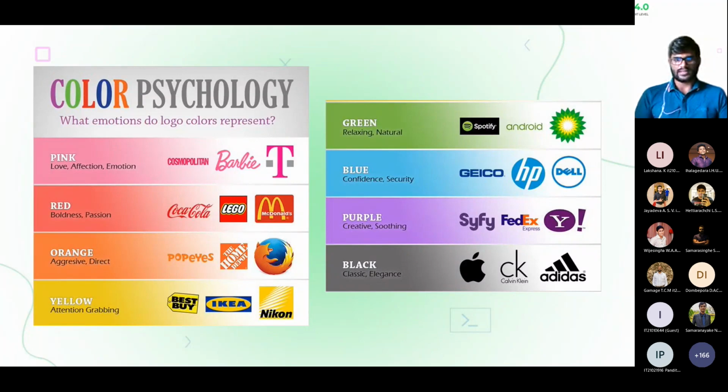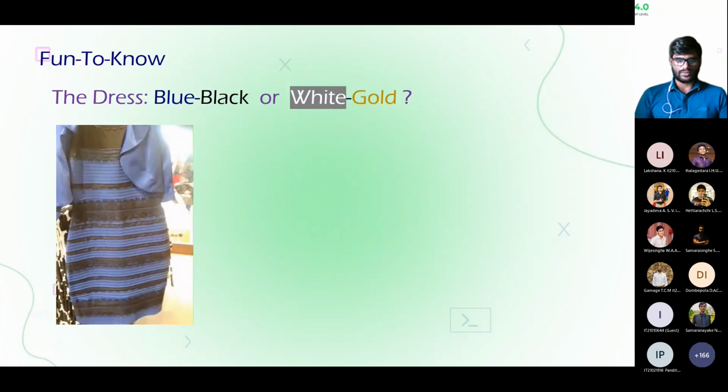So basically what I want to say is, if you are using, for example, some natural products, you can use the green color to display the naturality. Likewise, you can get an idea. I think you have an idea about color theory, how to use the colors and when to use them.